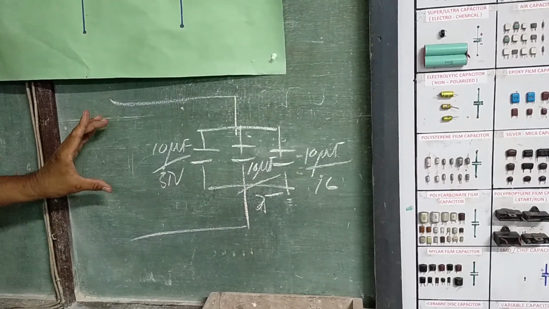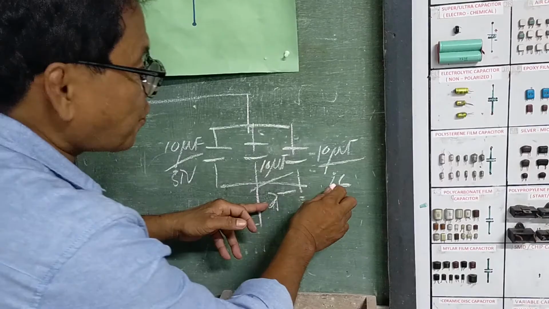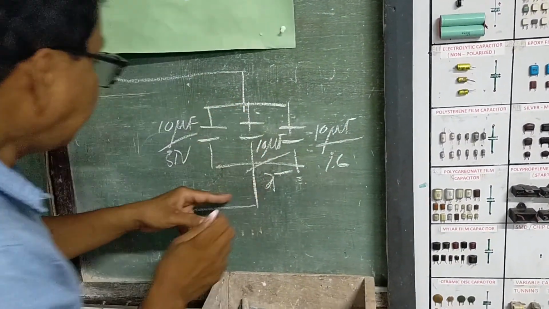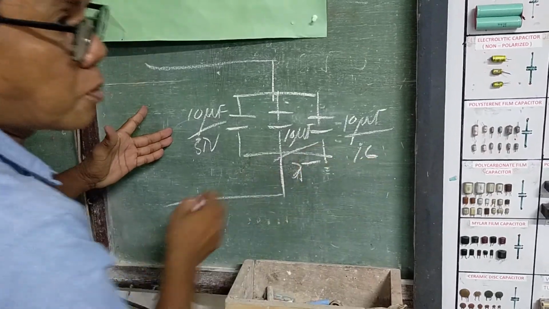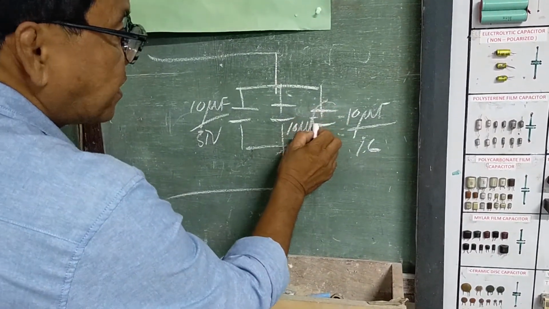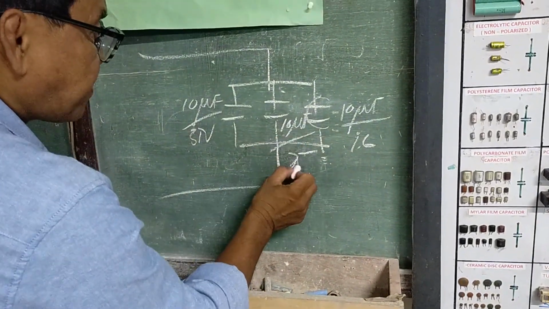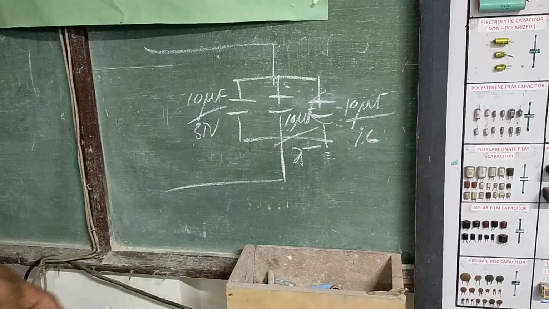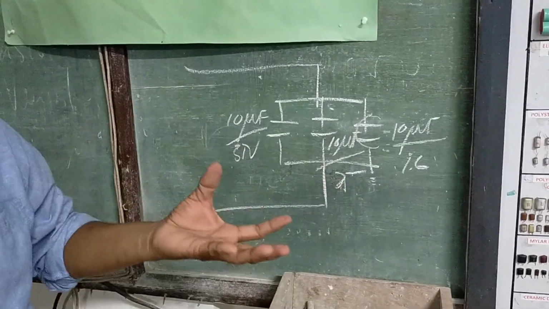Because if it is applied with 35 volts or 25 volts, this capacitor will explode. If it is 35 volts applied voltage, these two capacitors will explode. The first capacitor that will explode will be this 10 microfarad 16 volts. But 10 microfarad 25 volts, little by little, it explodes as the applied voltage is 35 volts.